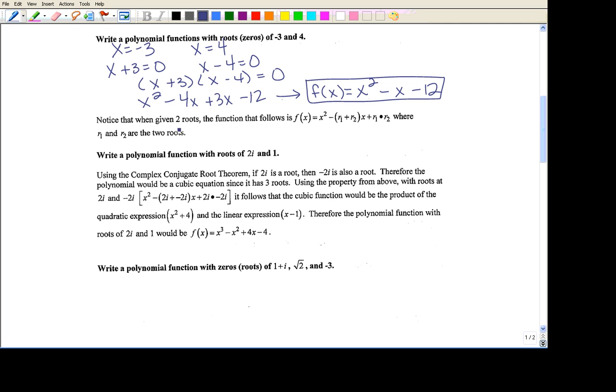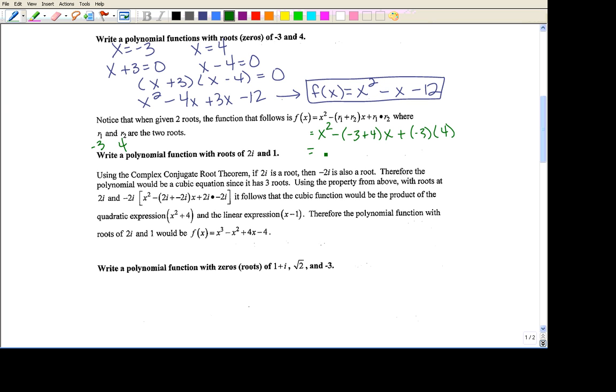So notice that when given two roots, the function that follows is x squared minus the two roots added together times x, plus the two roots multiplied, where, of course, r1 and r2 are the roots. So if we use this formula, and r1 is -3 and r2 is 4, then we plug in x squared minus (-3 plus 4) x plus (-3 times 4).